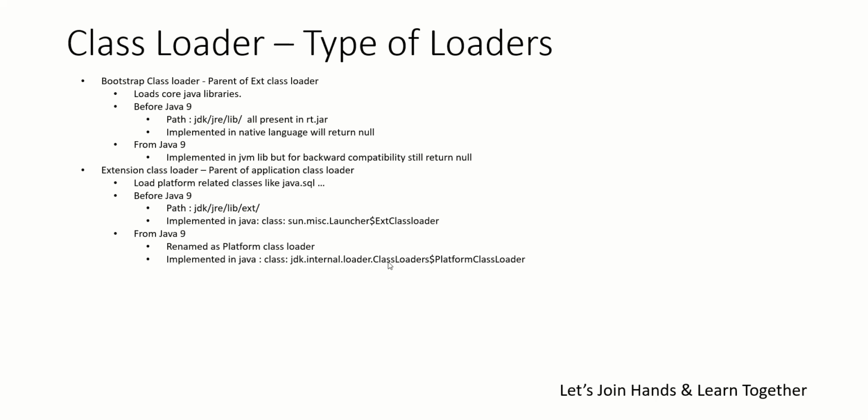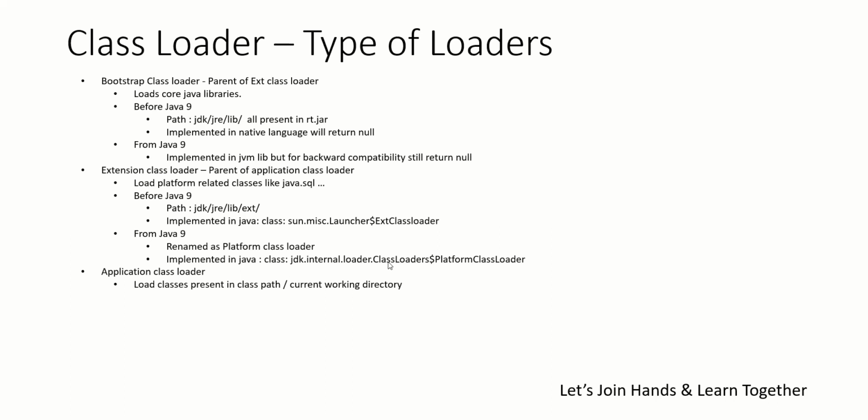Then, for whatever class I am writing, I need to know which class loader is responsible for loading it. That is called the application class loader. This application class loader only loads the classes which are user-written. It loads from the classpath that we defined in an environment variable or in the current working directory.